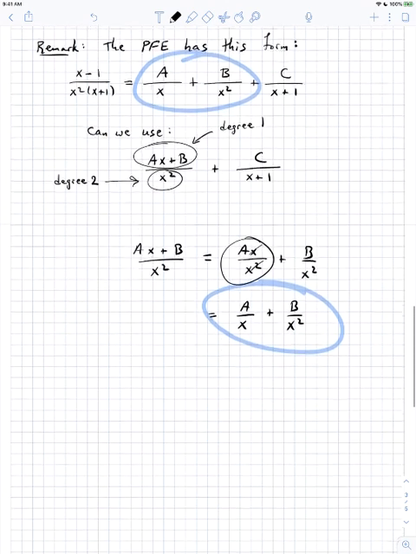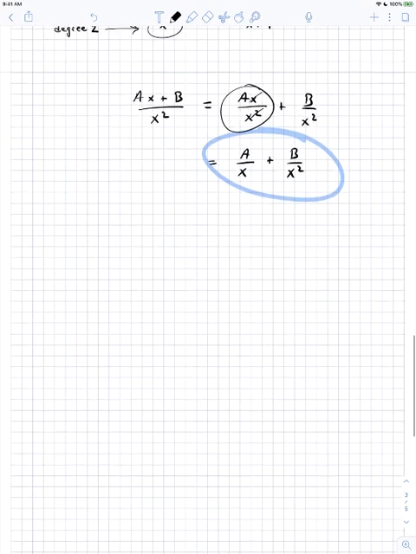Let's do another example. So this would be example C. And again, we want to integrate a rational function, so it's going to be some sort of fraction with respect to x. Let's try some cases where we have irreducible quadratic polynomials.